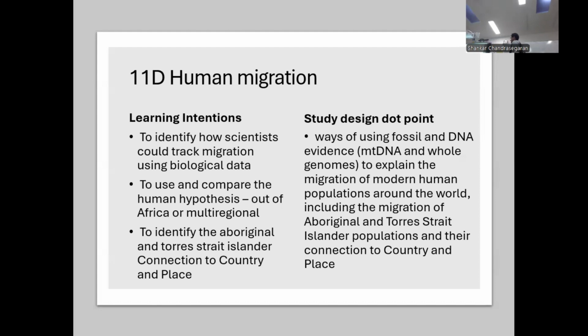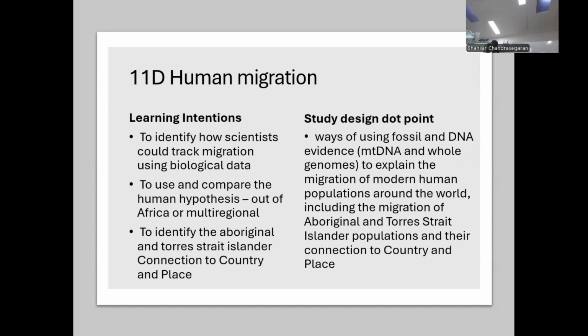Today's lesson, we're going to focus on how we can use evidence such as fossils, DNA evidence, including whole genome analysis, nucleotide sequence analysis, and also mitochondrial DNA, which is specifically passed down on the maternal side, and how we can use all these different evidences to explain the migration of modern human populations out of our point of origin.